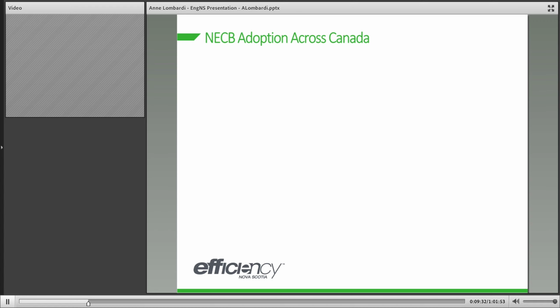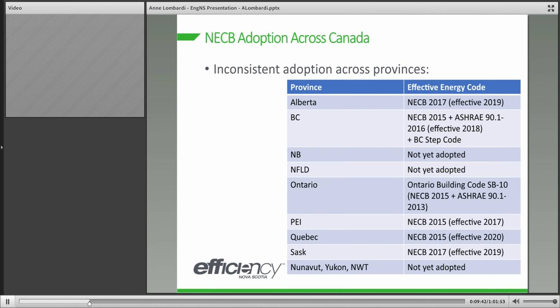Also briefly wanted to cover the adoption across Canada because even though this is a national code, it's not consistently adopted across provinces. So this table here is showing the different energy codes in different provinces.